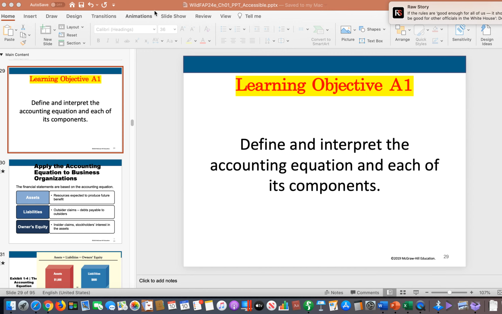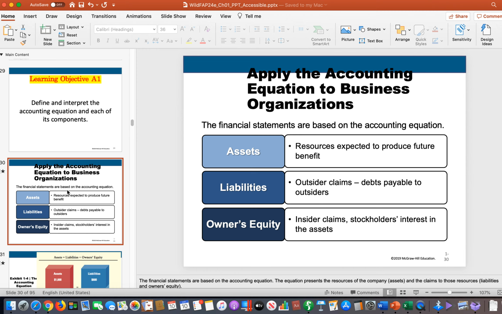There's no other way around it. There's certain things you must memorize. And we'll get to those at the appropriate time. So our next slide, we have some things that you must know, some basics of accounting.